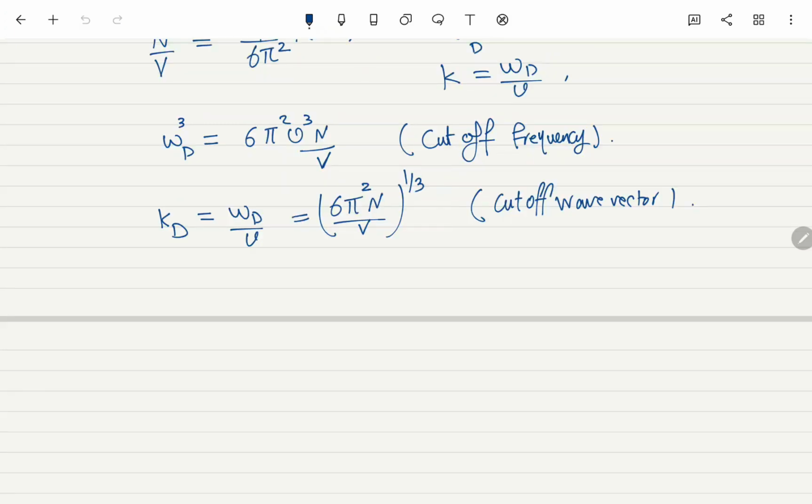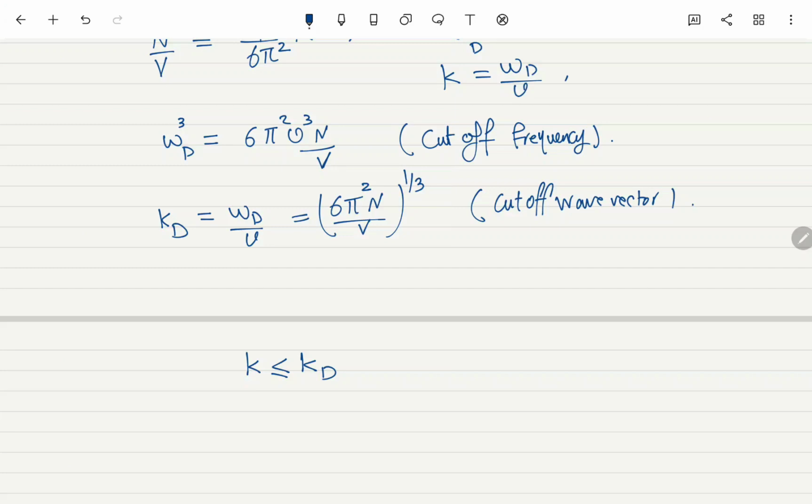Now, the reason we are calculating this cutoff wave vector and cutoff frequency, in the Debye model, is that we don't allow modes of wave vector to be larger than this cutoff wave vector. So the number of modes with k less than or equal to the cutoff wave vector is actually exhausting the number of degrees of freedom.